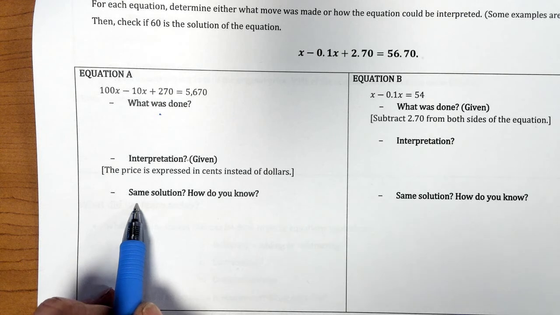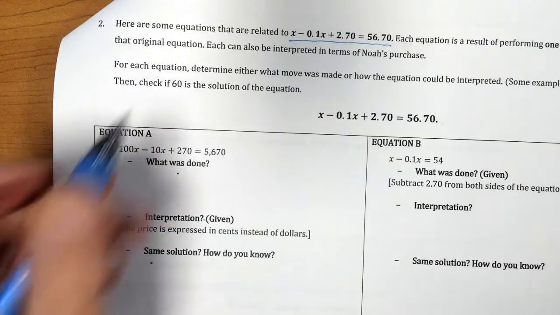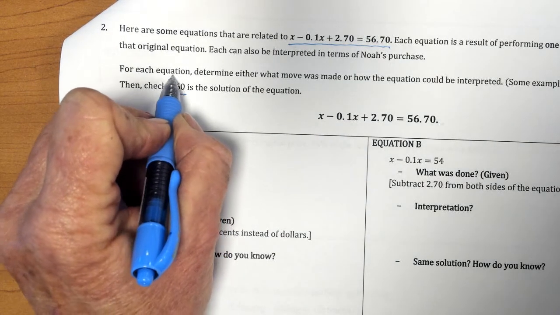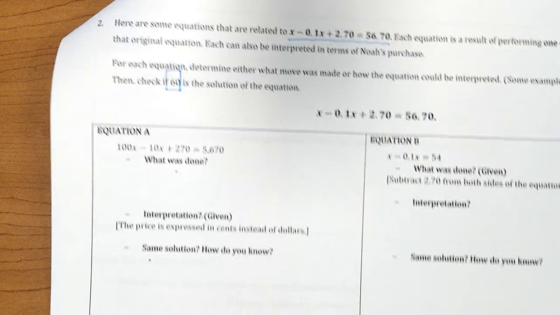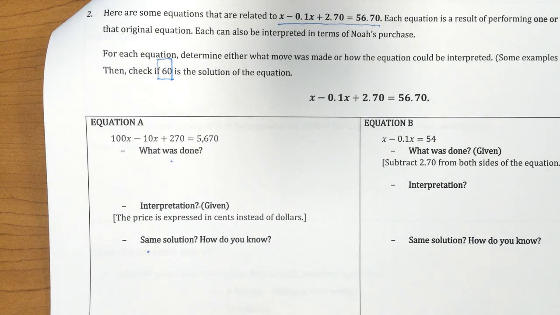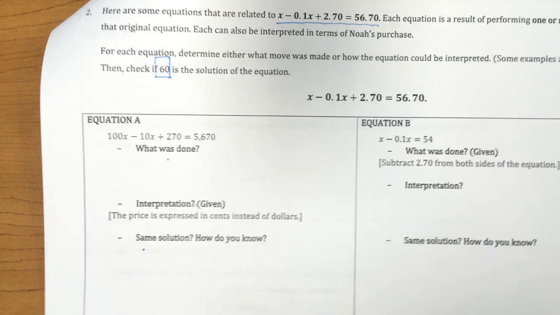How do you know? And we're going to use 60 each time to make sure that it works. We're going to verify that 60 still works in the equation that we transformed.